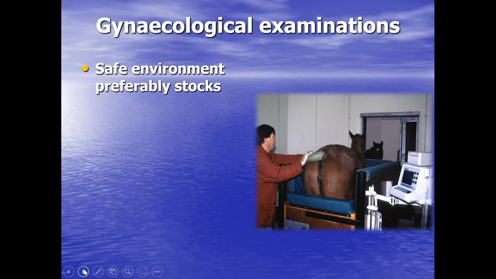But nonetheless, as a general introduction, it's very important when conducting gynecological examinations, no matter your level of experience, that you conduct them in a safe environment, preferably stocks, restraining devices, so that the mare can be examined safely and you can concentrate on interpreting the image and you're not worrying about getting kicked or the mare moving.